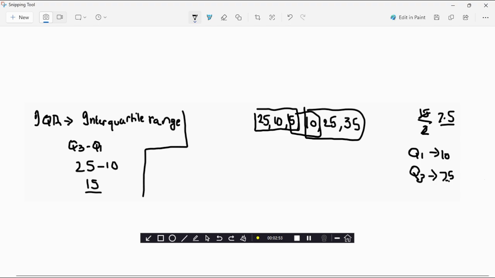Now the next step, once you know your IQR, is to figure out your abnormality. What I mean by abnormality is your outlier. This has to do with any information that stands out, information which doesn't fit in.